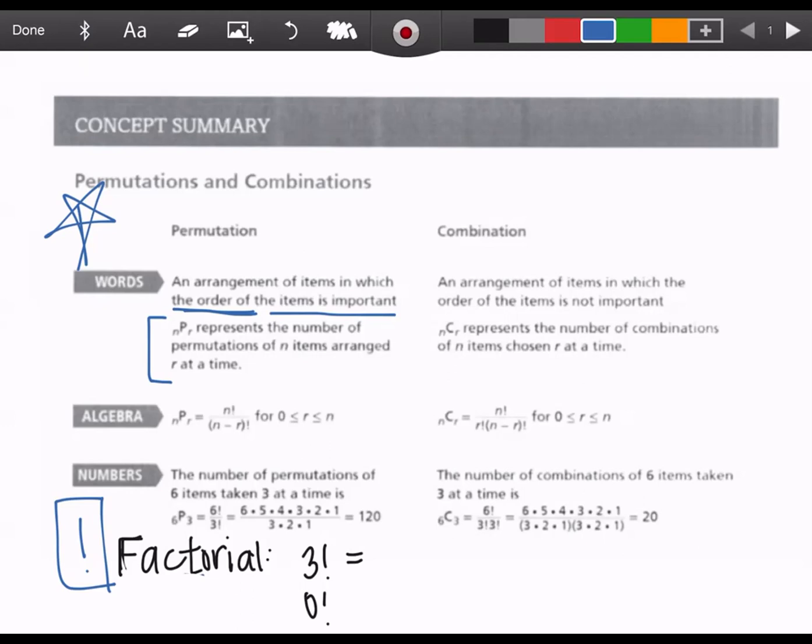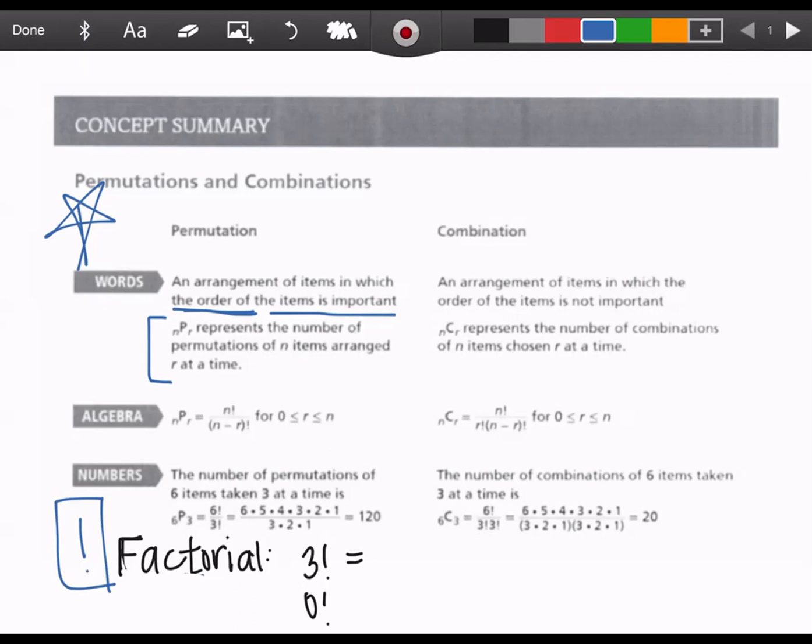Then let's say we are taking the number of permutations of 6 items taken 3 at a time. You're going to use the formula, and it's going to be 6 factorial over 6 minus 3, which is 3 factorial.